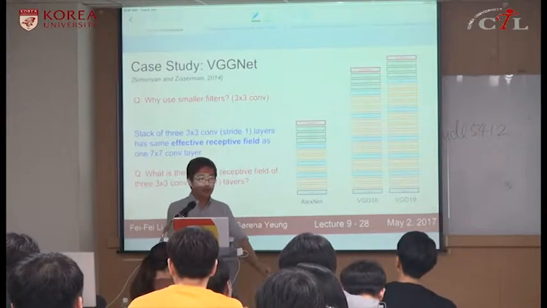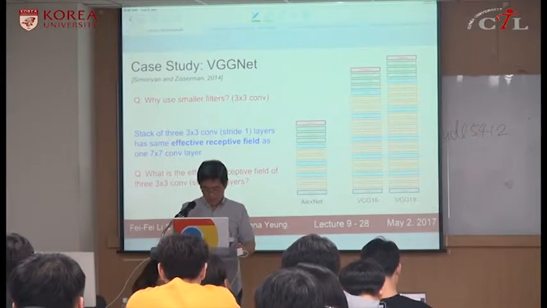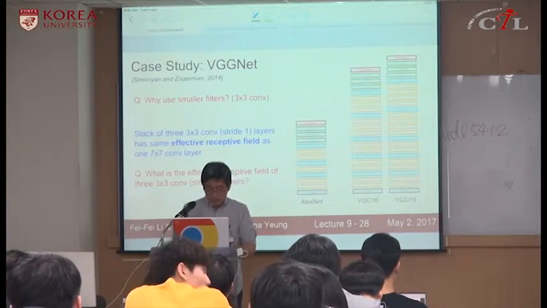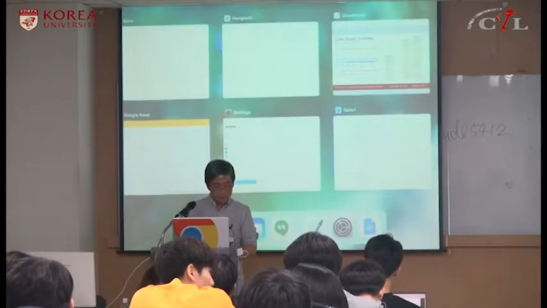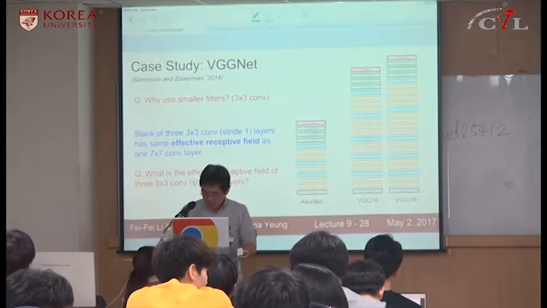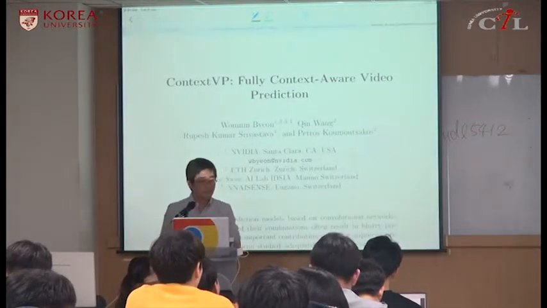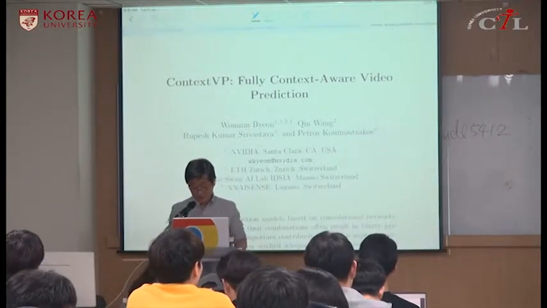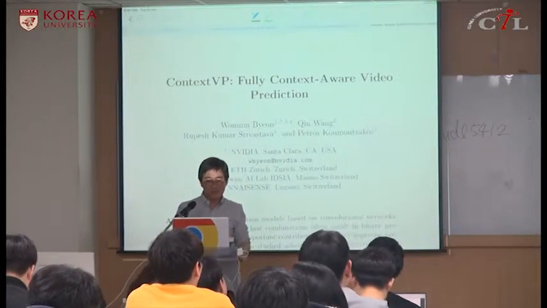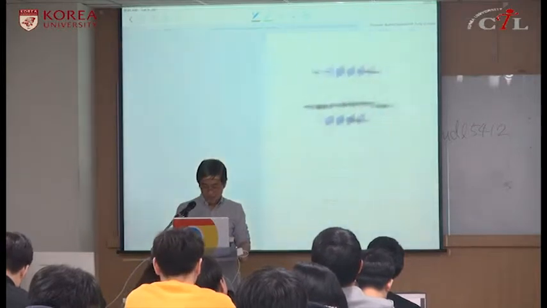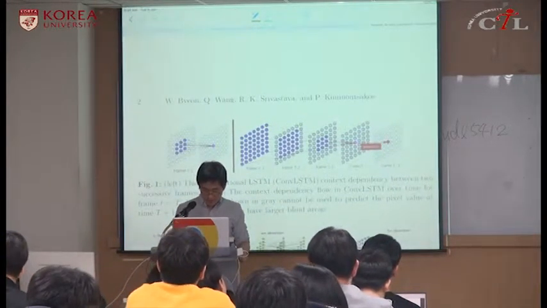Some student also asked a question about the receptive field, so let me describe what the receptive field is, and I brought some paper. This is a kind of video prediction paper. The task itself is not really relevant to our context, but I wanted to bring this figure.